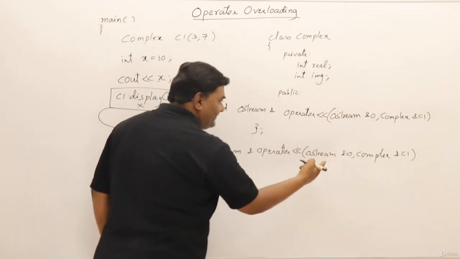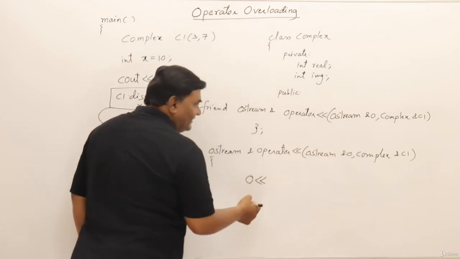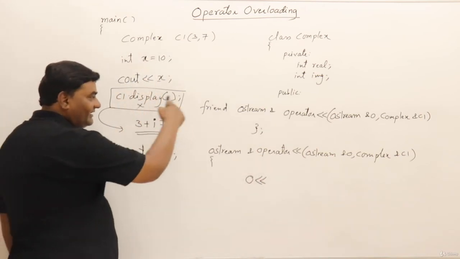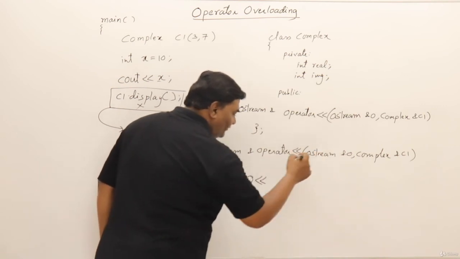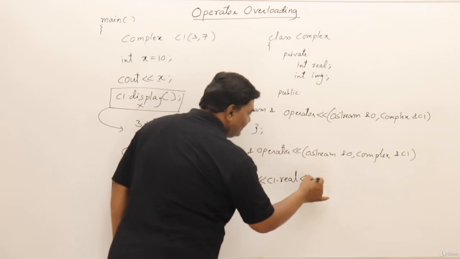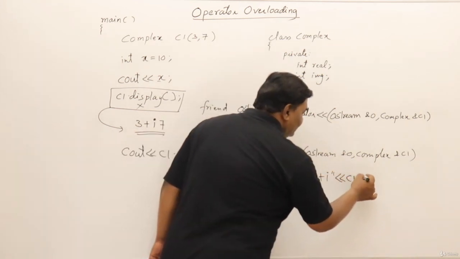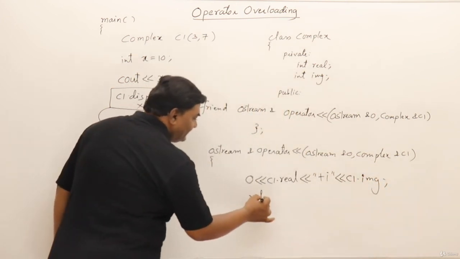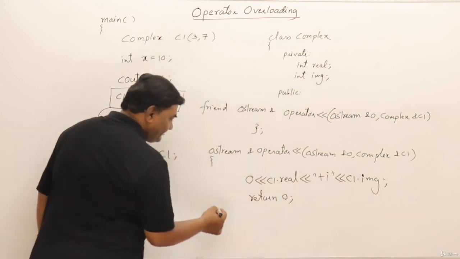Which stream object should I use? The ostream. Instead of cout we have o; when cout is passed from here, it becomes o, so I am calling it o. I want to display c1.real and plus i c1.imaginary, and finally return the output stream o.